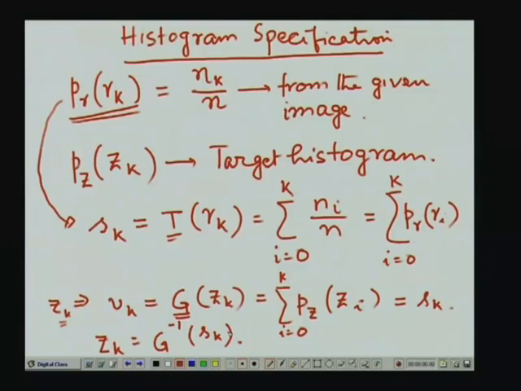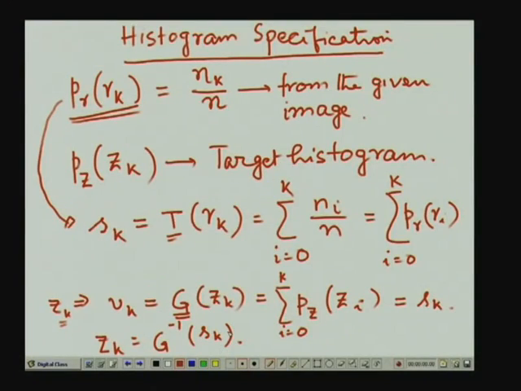The second step is, from the specified histogram p_z, we have to get a transformation function G, and then the s_k that we obtained in the previous step has to be inverse transformed using this function G to give the intensity value in the processed image, which is equal to z_k.